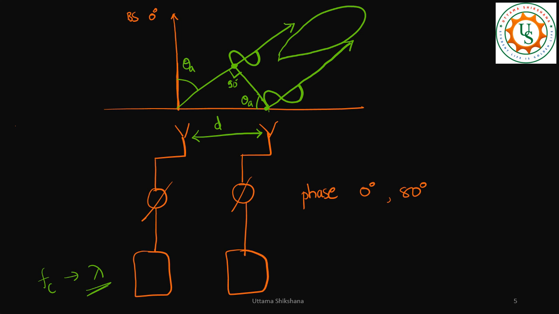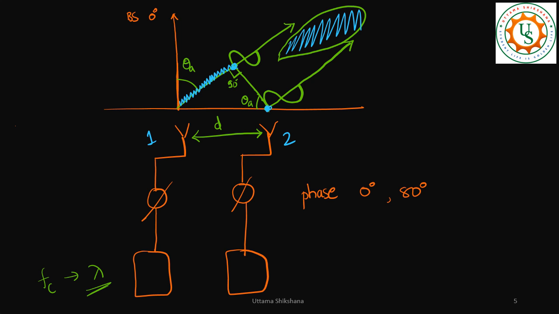The signal from this antenna, if I want to transmit the signal in this direction, then if you clearly see, when the signal starts at this point, in the first antenna the signal should already have traveled this much distance. Once it travels this much distance, then at that point in time I should be starting the signal in the second antenna. Okay, but this is the first antenna, this is the second antenna.